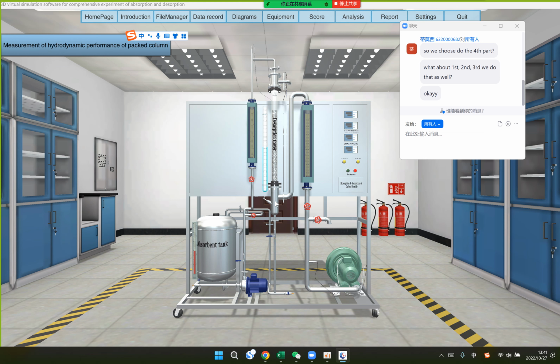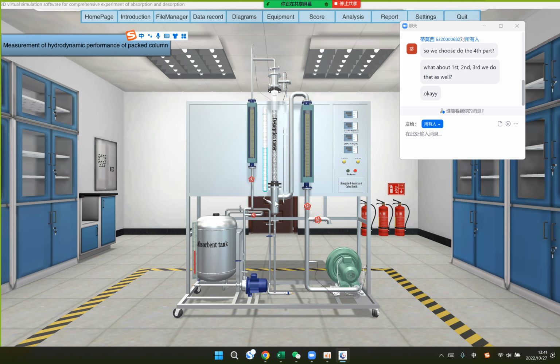So first, if the liquid load is zero, we will increase the gas flow rate from zero to maximum to find the pressure differences, and then we will choose a constant or designed liquid load and find the pressure change versus the gas flow rate from zero to maximum.